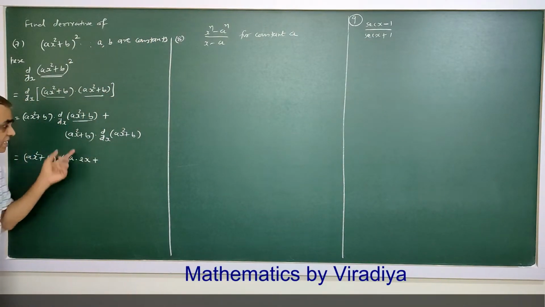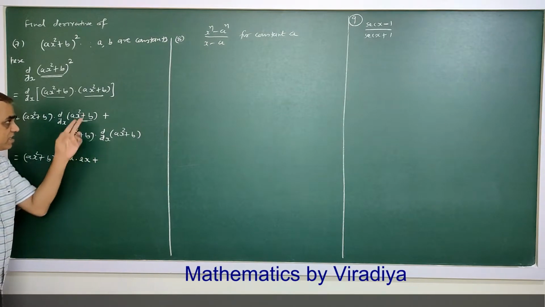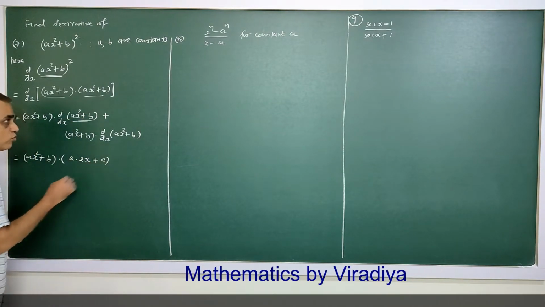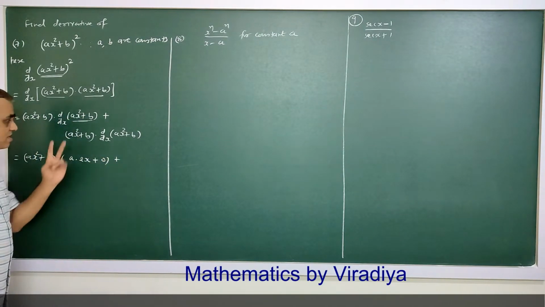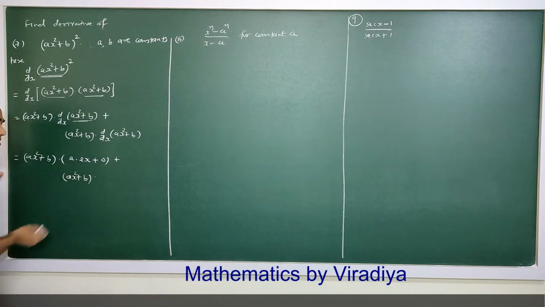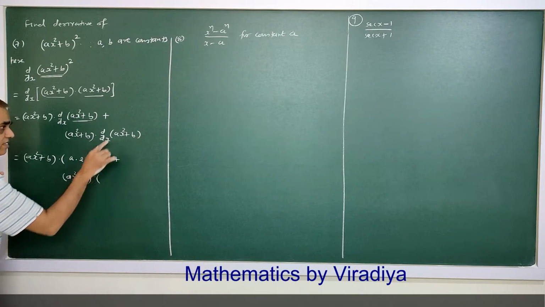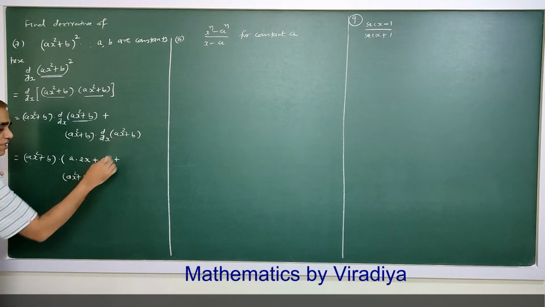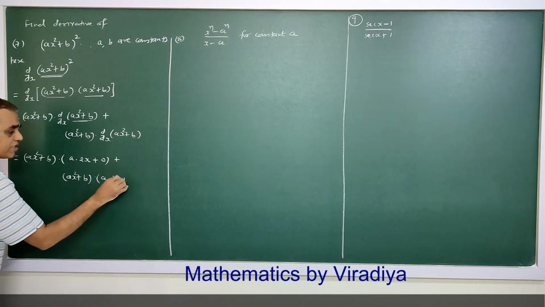So a as it is, derivative of x square is 2x plus derivative of b is 0, plus ax square plus b as it is, again derivative of ax square plus b is a into 2x plus 0.